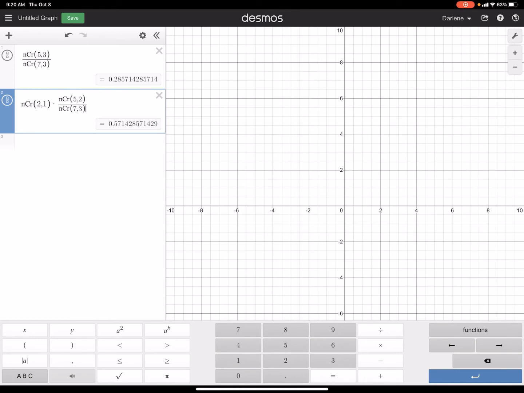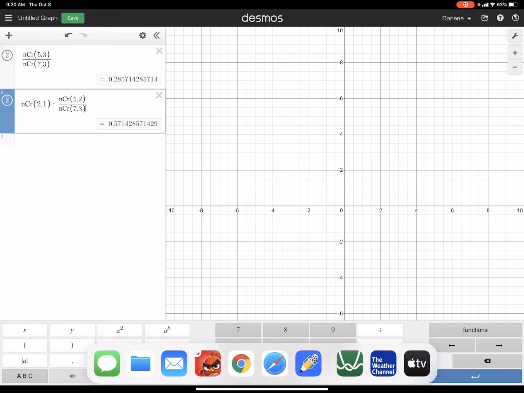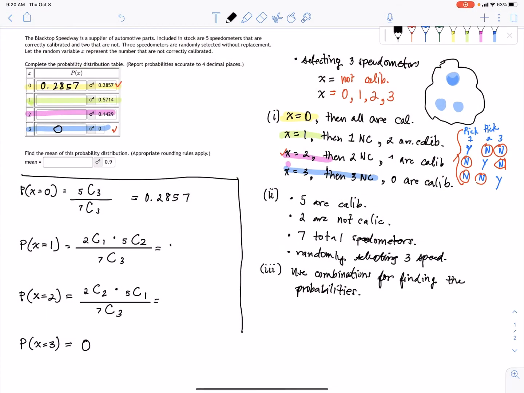And we get 0.5714. And we'll put this in the box.